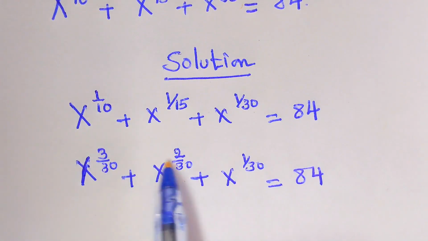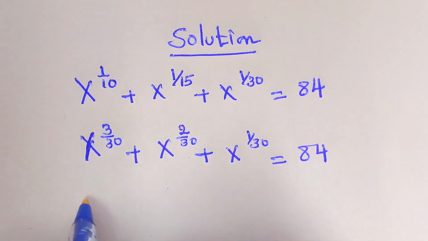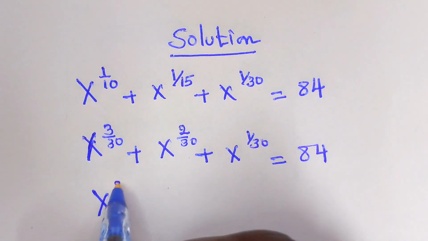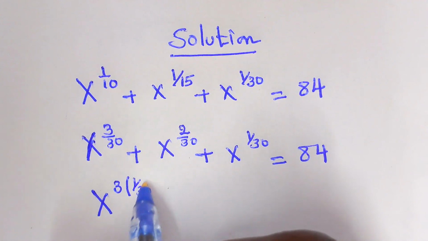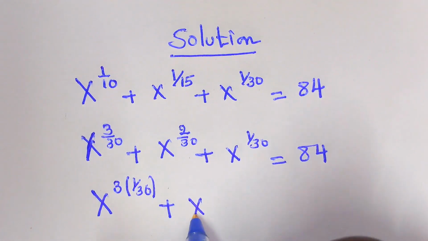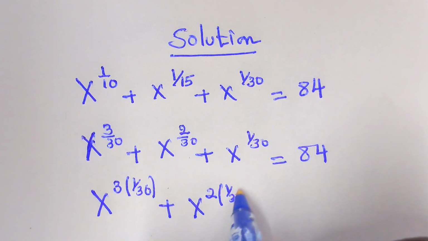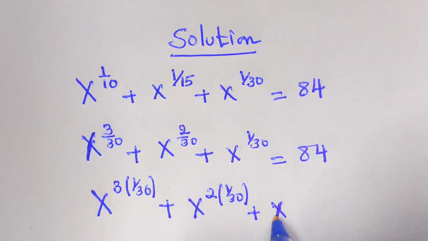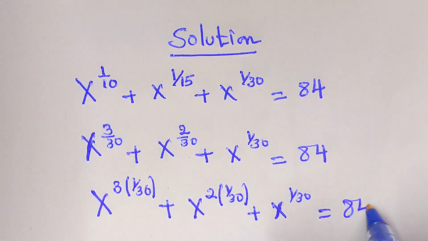At this stage the denominators are equal, so this is x^(3 times 1/30) plus x^(2 times 1/30) plus x^(1/30) equals 84.